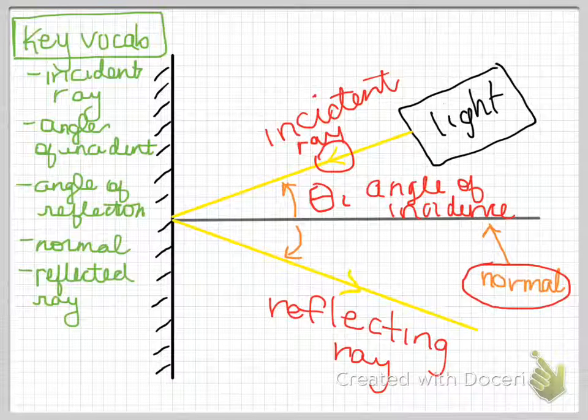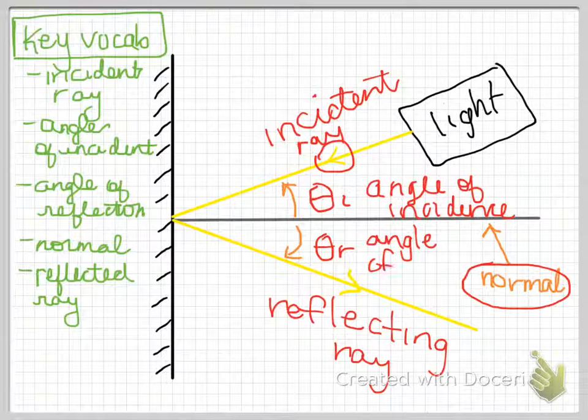And then the angle that the light's coming out at from the normal is called the angle of reflection. Knowing all of those key vocabulary words is really important because you're going to have to use that vocabulary when describing what the law of reflection is.